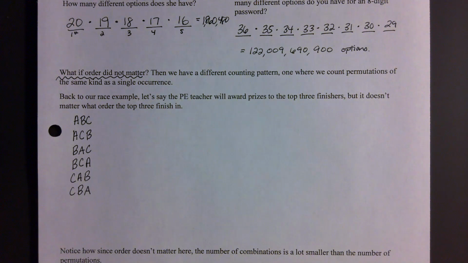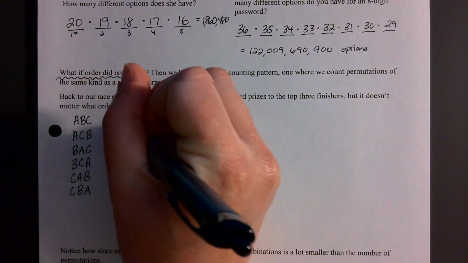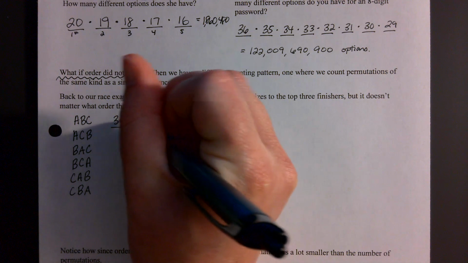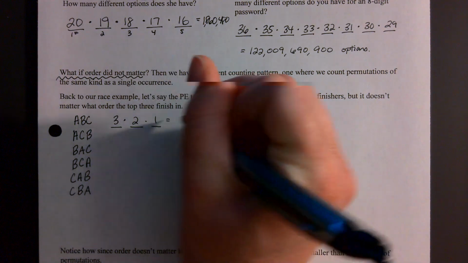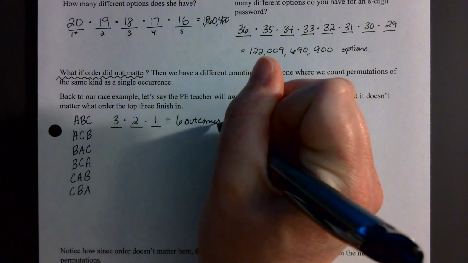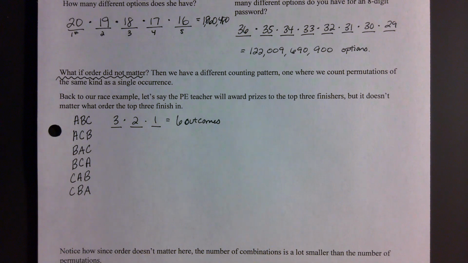Keep calling it the multiplication rule. But I could have said, okay, there are 3 positions and 3 people that we're looking at. 3 times 2 times 1 would give me my 6 outcomes, right? Either way, that's where our 6 is going to come from. 6 ways that any 3 of them could win their extra credit.